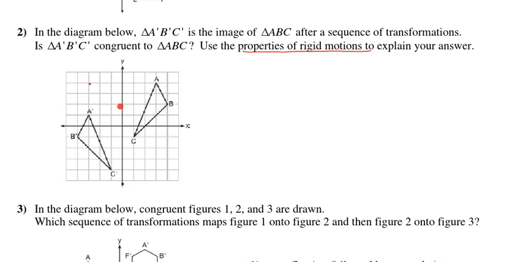So the image of that point should be 4 units to the left. And then we have C, which is 1 unit to the right. So the image should be 1 unit to the left. Okay, just approximating. And if I connect them, it should look more or less like this.